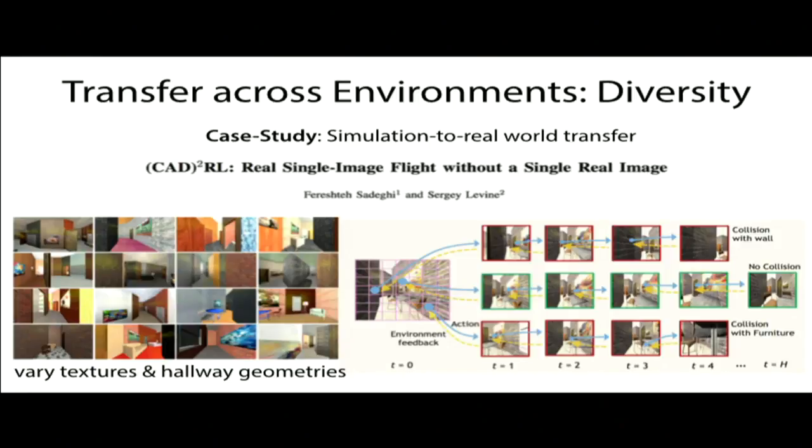But then you effectively also have transfer in dynamics, right? Because the dynamics are different from the simulated environment. I mean, the quadrotor behaves differently. Yes, the quadrotor generally will behave differently in simulation than in the real world. I think that the way they represented the action space, they were able to align it fairly easily and fairly well.